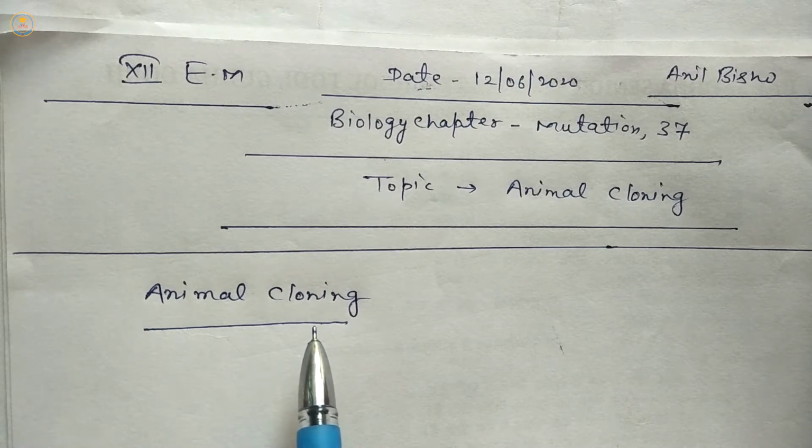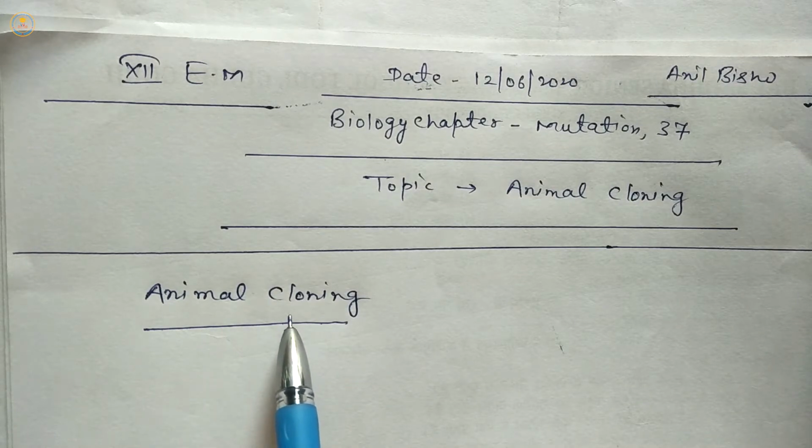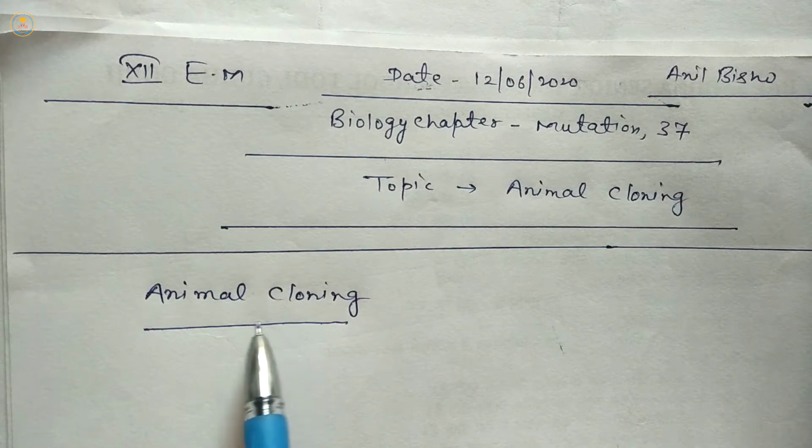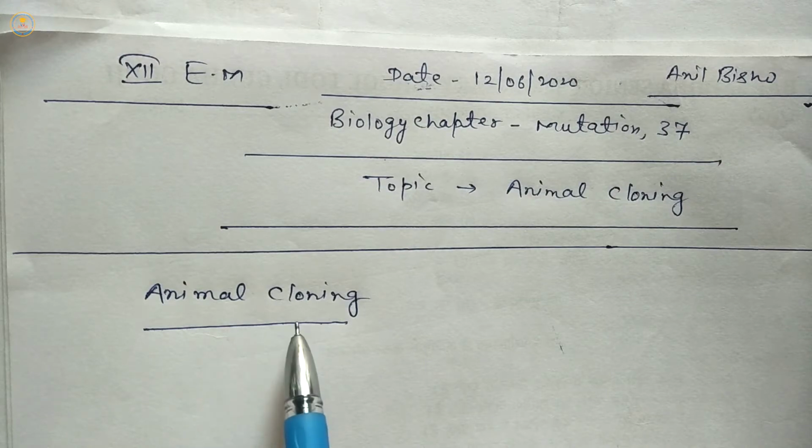It is called cloning. It is also a technique by which a whole animal, a complete animal, is formed. It is called animal cloning.